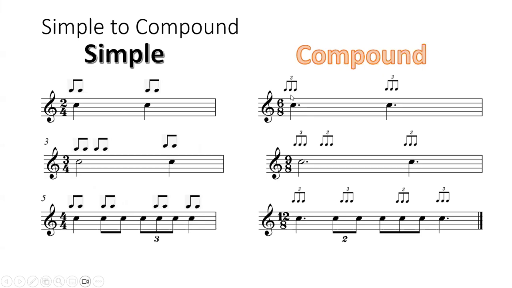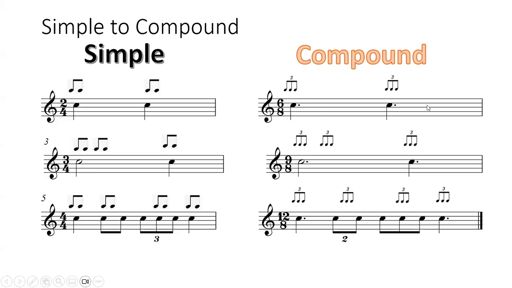In 6/8, this is duple compound time, because there's 2 beats in a bar. There's 2 sets of 3. So we've got 1 crotchet, 1 crotchet. It's the same as 2 quavers, 2 quavers. In compound time, we've got 1 whole beat, because that's your 3, and then another whole beat. So these 2 bars would sound exactly the same.